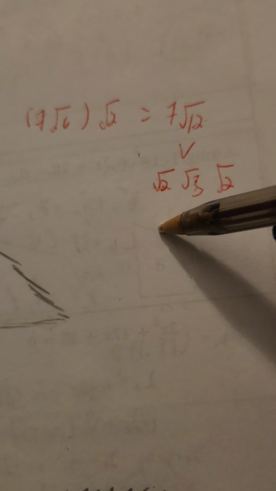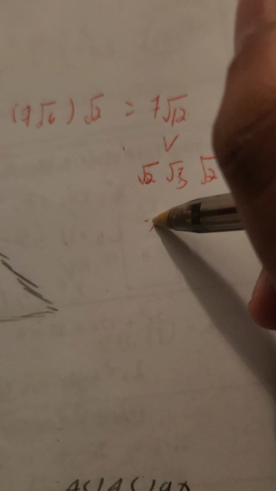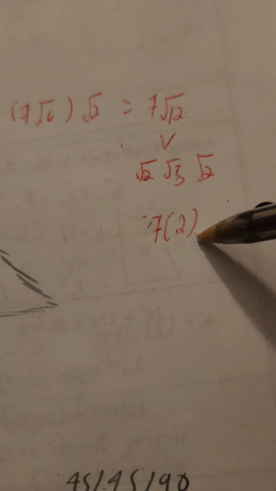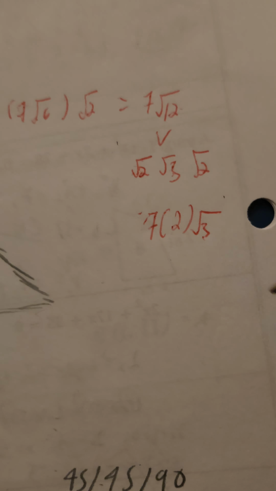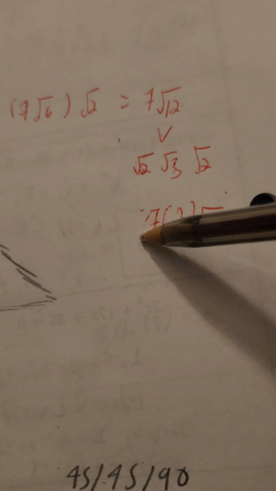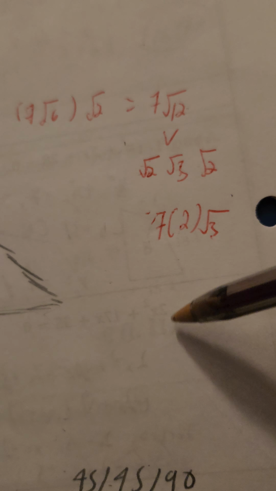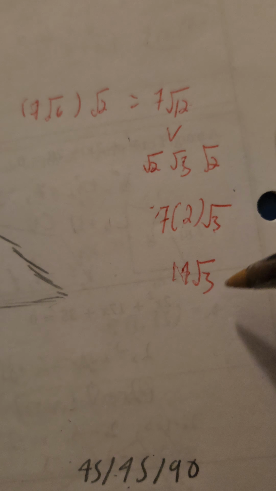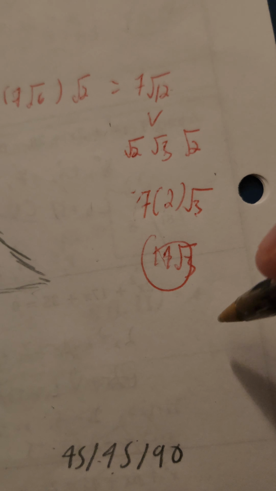So that means that what we have here is actually 7 times the base of 2, root 3. And then 7 times 2 equals 14, meaning that the hypotenuse, y, equals 14 root 3.